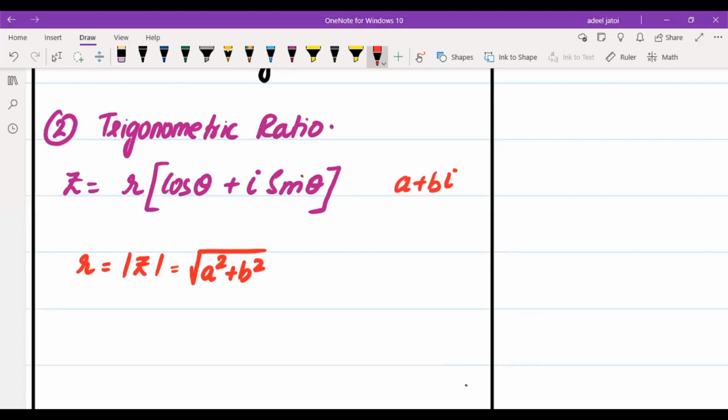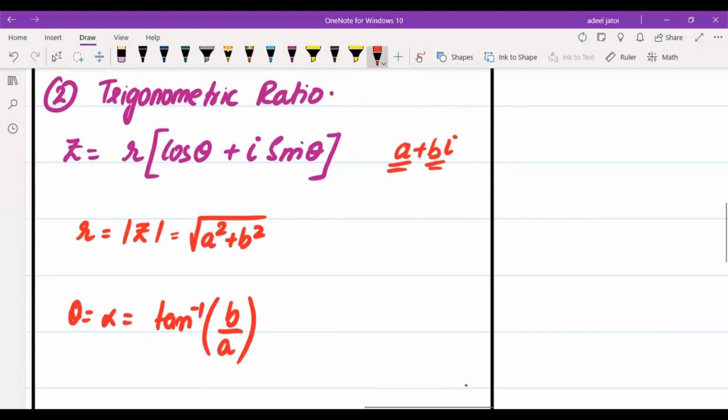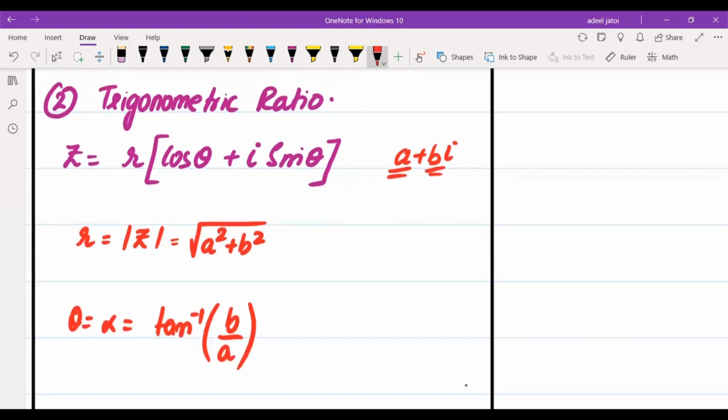or A plus iota B, this will be your A and this should be B, written in the modulus of Z formula. Whereas if I want to find out the theta, or let's say alpha, we use tan inverse B upon A. Now, normally this R is represented as the length or the modulus.